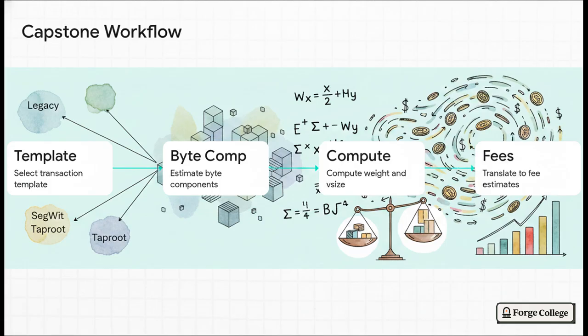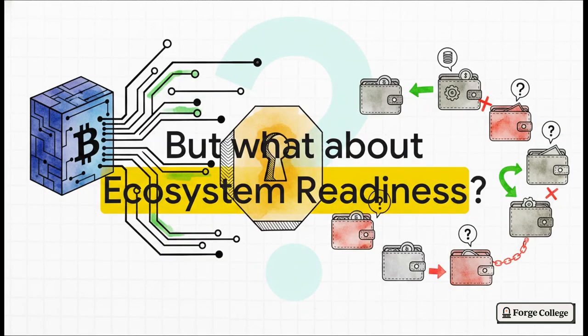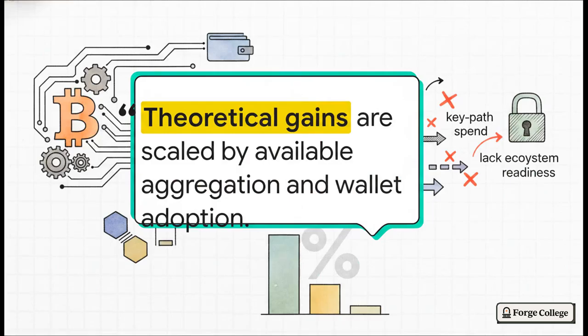Run the math. But before you write down that 18% savings as a universal truth, we have to ask a quick question. What about ecosystem readiness? Just because the Bitcoin protocol supports this amazing hidden master keyhole, does that mean every wallet software actually knows how to use it yet? Well, the reality is no. You have to ground your analysis. As our source material beautifully puts it, theoretical vsize gains are scaled by a factor representing available aggregation and wallet adoption.